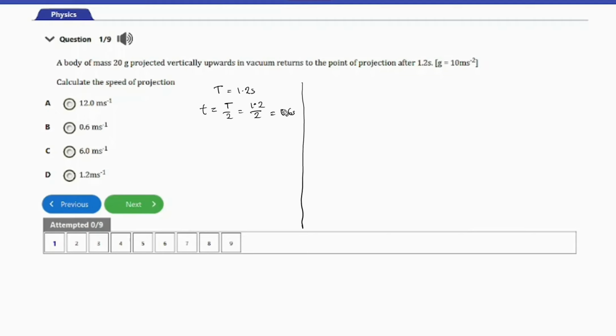The mass here is 20 grams. If we convert it to kilograms, that would be 20 over 1000, that's 0.02 kilograms.